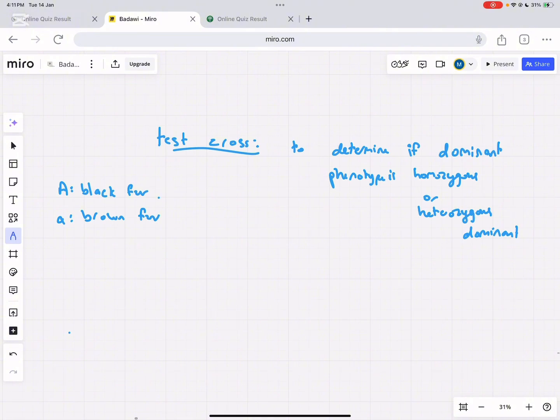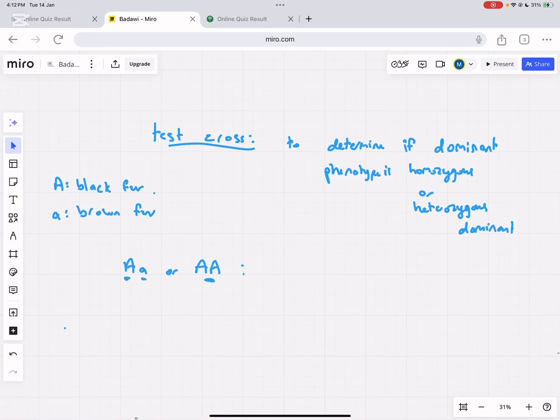Now I have, for example, a cat that has black fur. The cat could either be AA, both dominant, or one dominant and one recessive. Remember, the phenotype will be the same. Now I want to know if it has this or that. So what do I do? I will cross it with a homozygous recessive. It makes sense, look why.